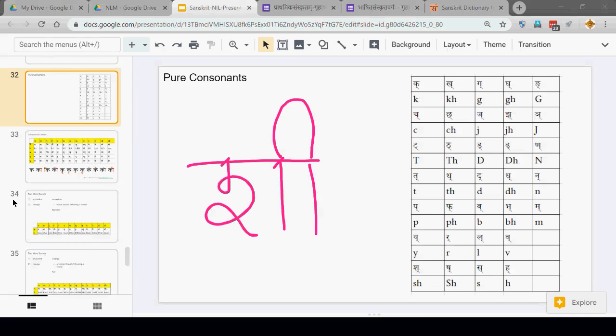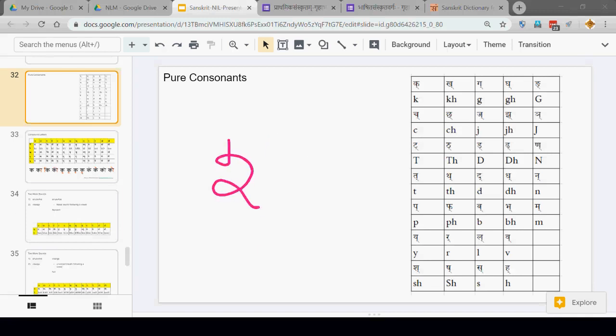So what happens here is, first write the base letter, and whatever is the second part of the consonant touching the horizontal line, the top line should also touch that part. So this is sha, and the same thing with pa.